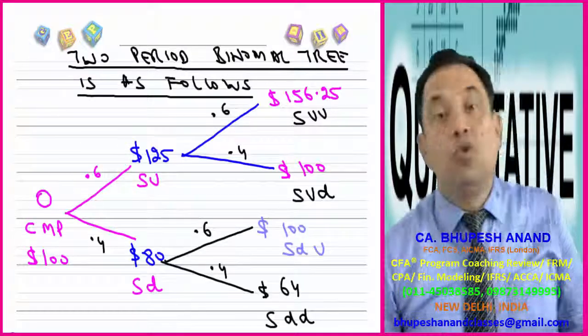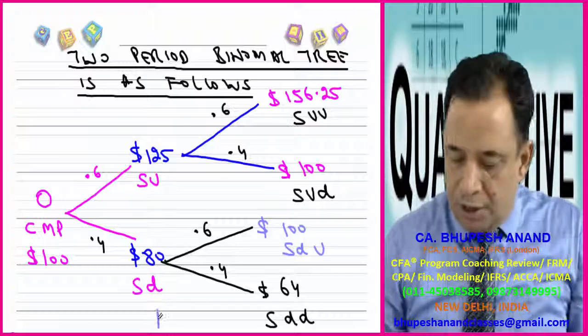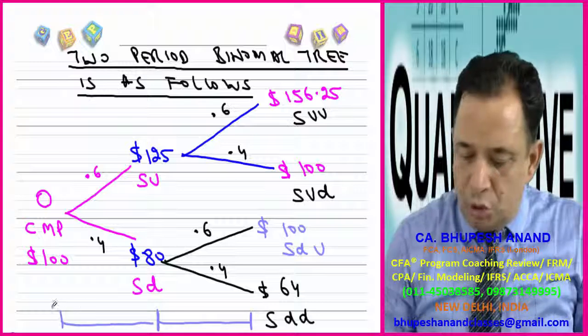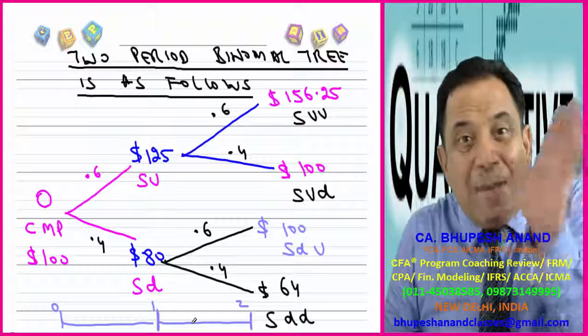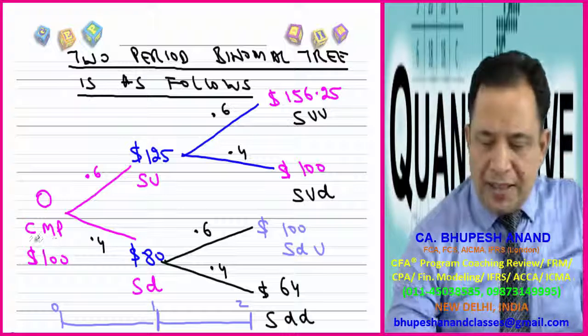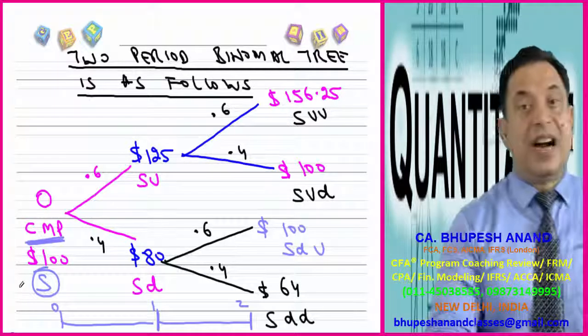Now when it is 2 period, it means for a second attempt also. So up to this point is 1 period, and here 2 period. So from 0 to 1 is 1 period, then 1 to 2 is the 2nd period. Just see the tree and please prepare it and see how I have prepared it. Very easy. The spot price here, S, is $100.